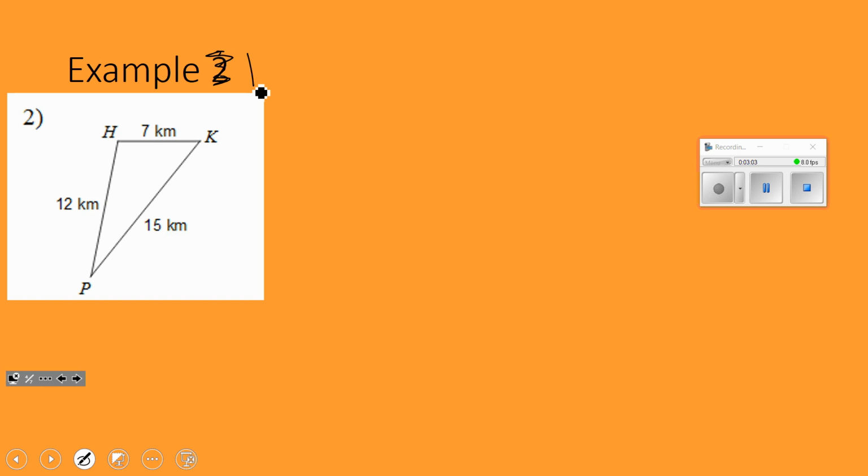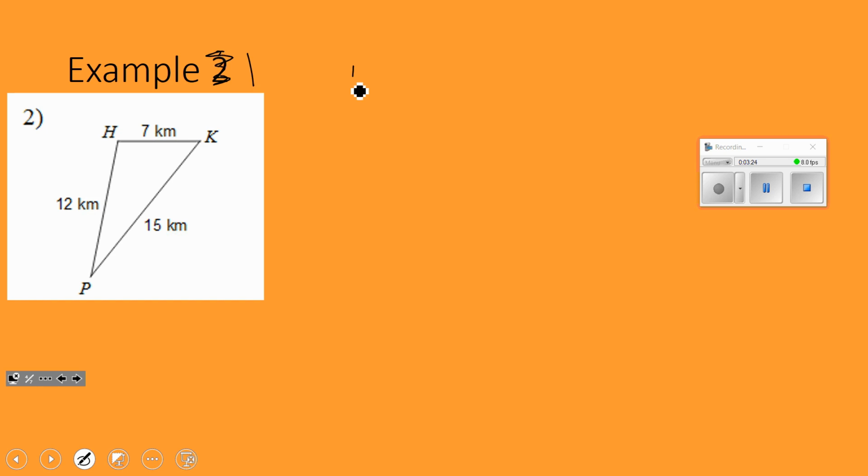So my question is, what do you need to know to find the area? Like, do you need to know the angles? No, just the sides. So in this case, we have side, side, side, so we're good to go.